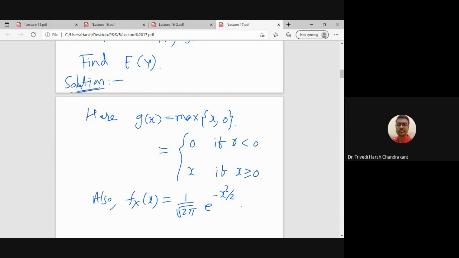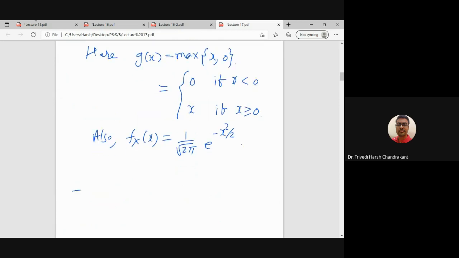So that is the density function of the standard normal random variable, right? Now we can find the expectation of Y, that is the integral from minus infinity to infinity of g(x) f(x) dx.